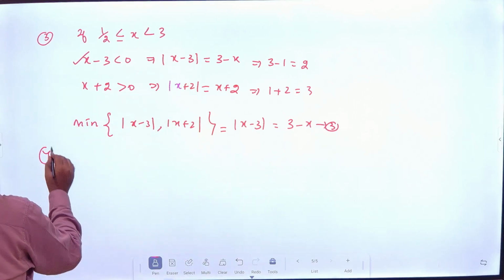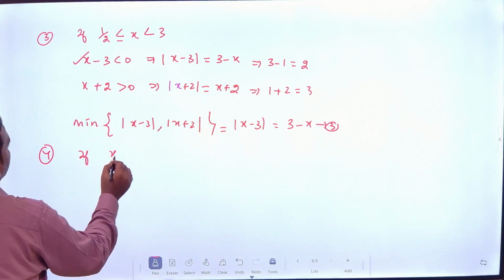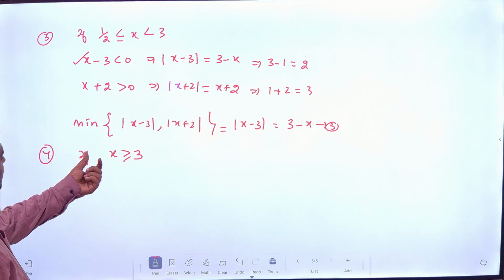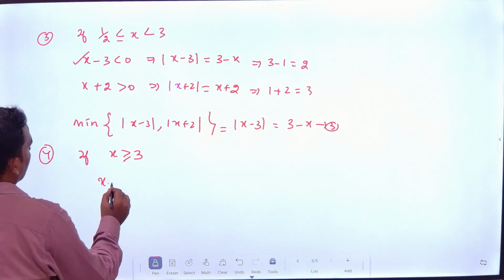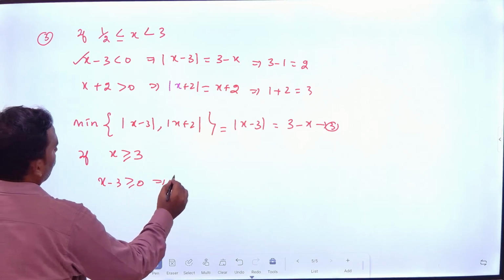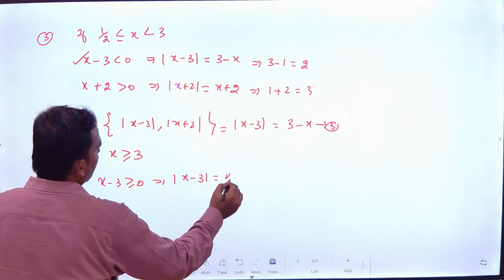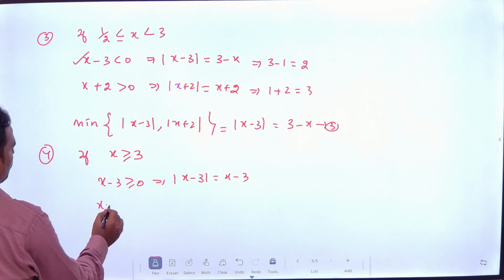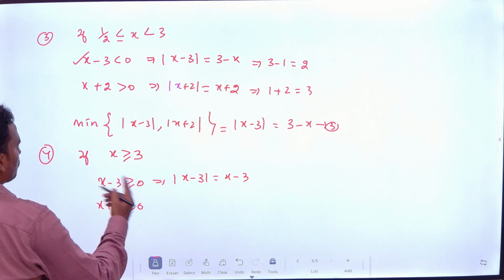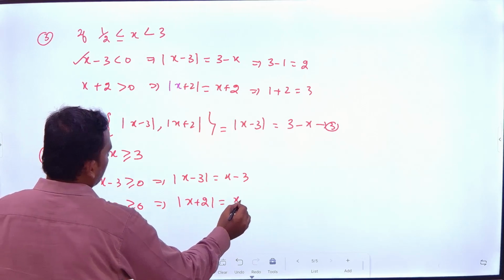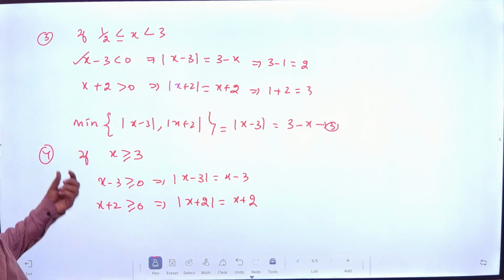Fourth one, you can check here. If you take x greater than 3, you can check x minus 3: adding minus 3 is greater than 0. Therefore, mod x minus 3 you can write as x minus 3, right? X plus 2, you can add 2 on both sides, that is also positive. Therefore, mod x plus 2 you can write x plus 2. Let's check one number.